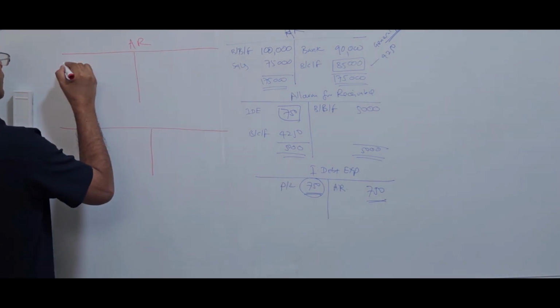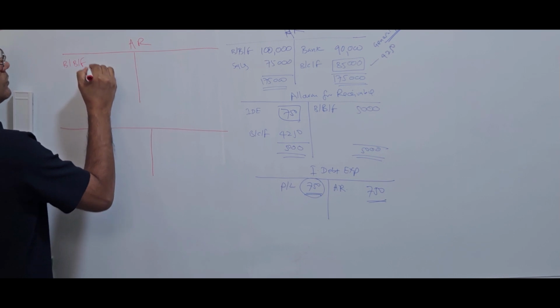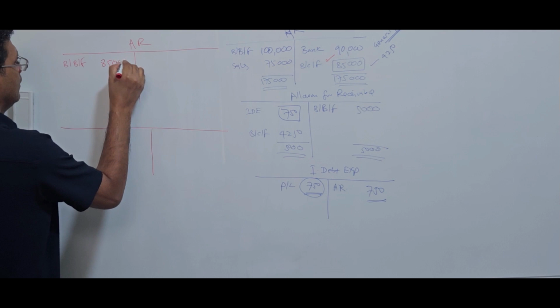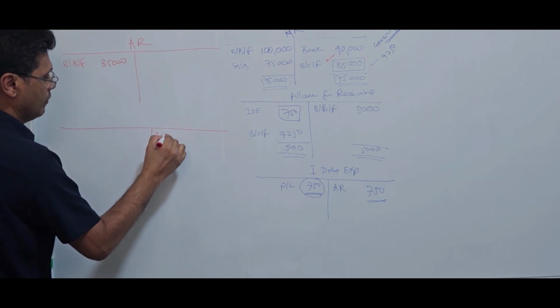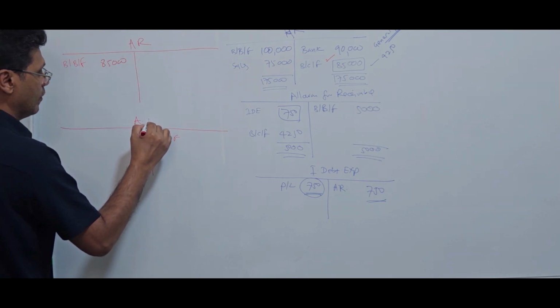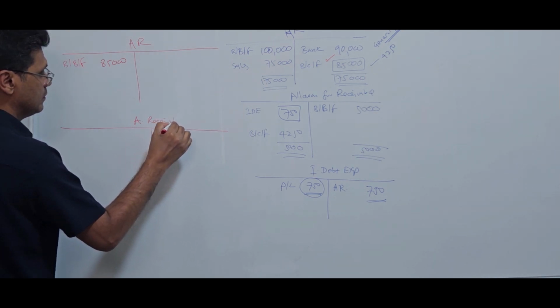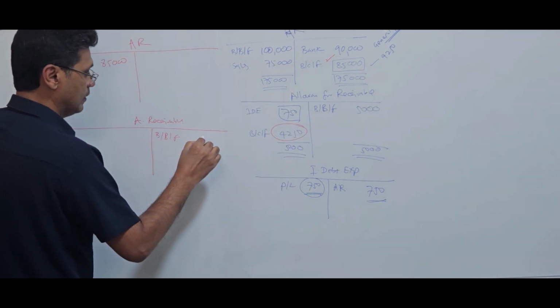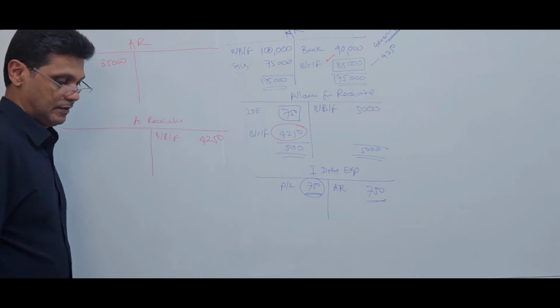Accounts receivable balance brought forward: how much? This is 85,000. And the balance brought forward in the allowance for receivables is 4,250. Is that correct? Correct.